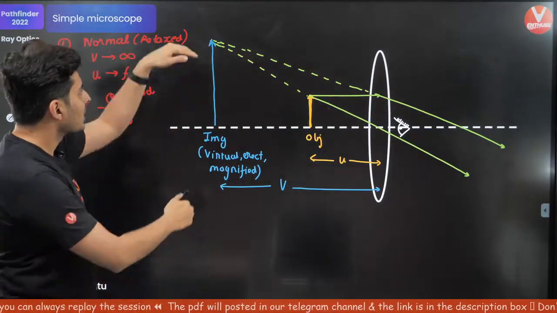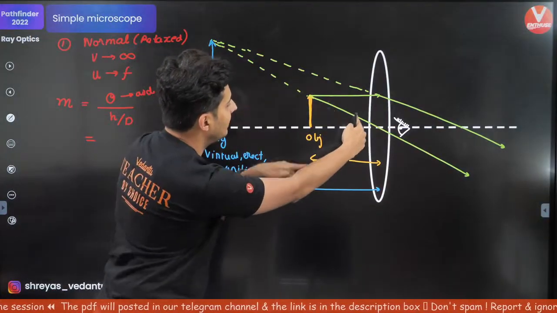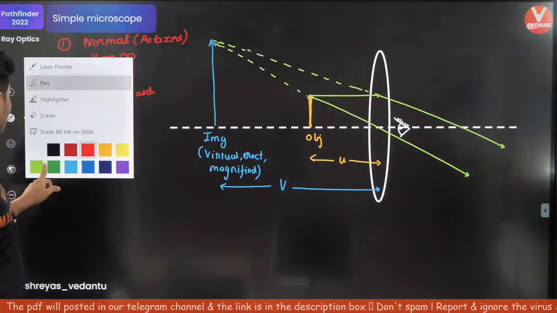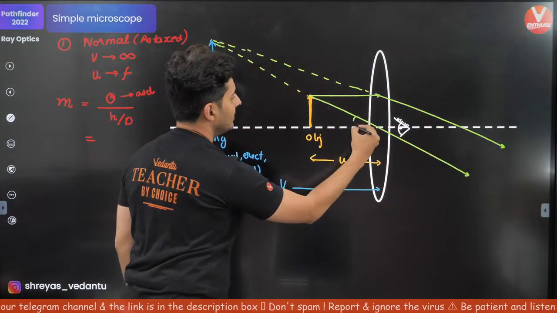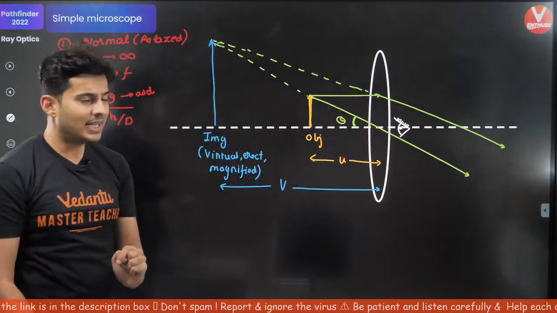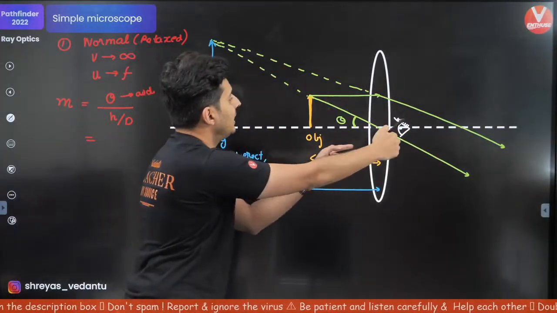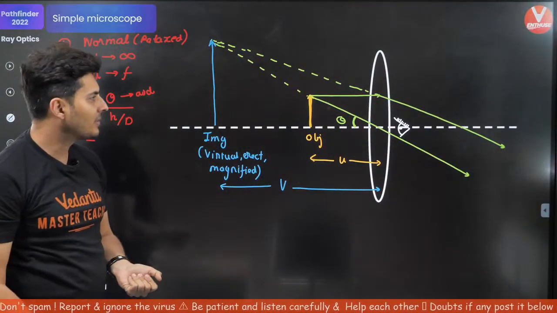Observe carefully. This image, which is at infinity, will subtend this angle. I don't know whether you can see it, but it's right over here. This will subtend this angle at the eye. Can you see that? This is the angle subtended by the image at the eye, which is almost the lens.